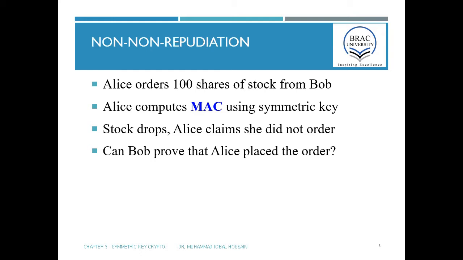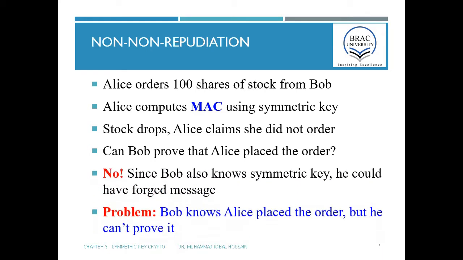Alice computes her MAC using a symmetric key and sends it with the message to Bob. But this symmetric key is also known to Bob. That means Bob might have forged it.